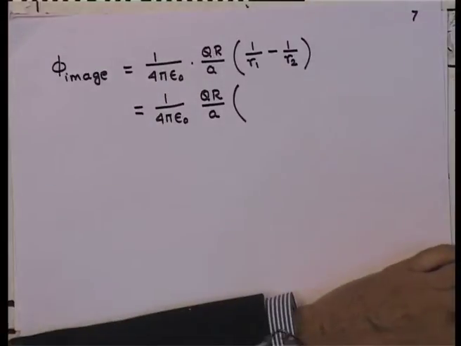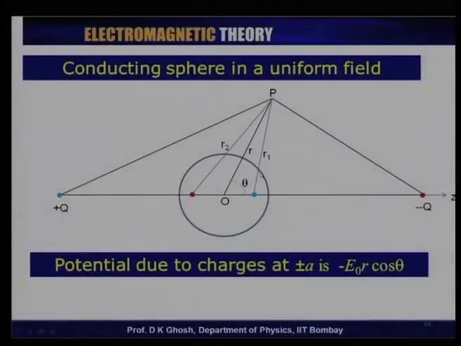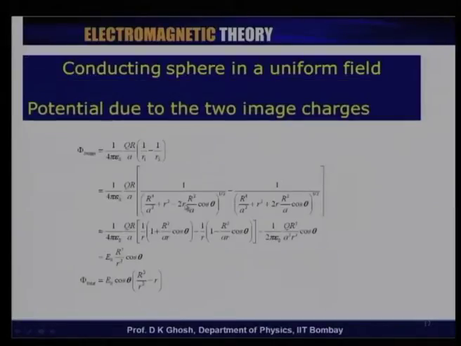If you refer back to the picture, you notice that r 1, since this angle is theta, just use the triangle law here. So, r 1 squared is b square plus r square minus 2 b r cos theta, and a very similar expression for r 2, but because the angle between this and that is pi minus theta, I have got an expression with a plus cos theta there.